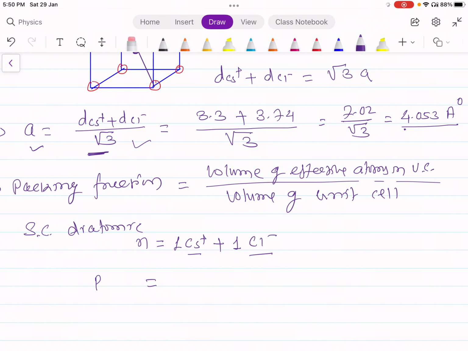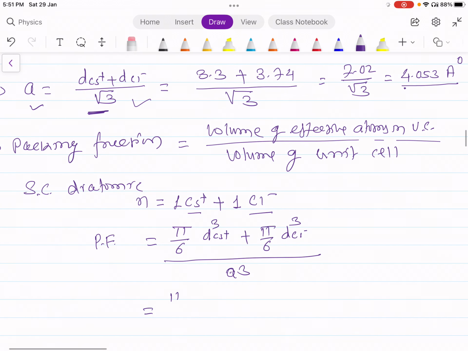So the packing factor, the formula is pi by 6 diameter cube of cesium ion, which is the volume of cesium ion, plus pi by 6 into diameter cube of chlorine, which is the volume of chlorine ion, divided by a cube.